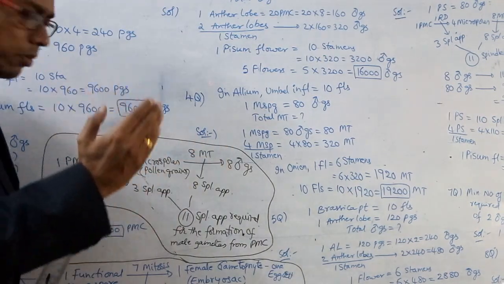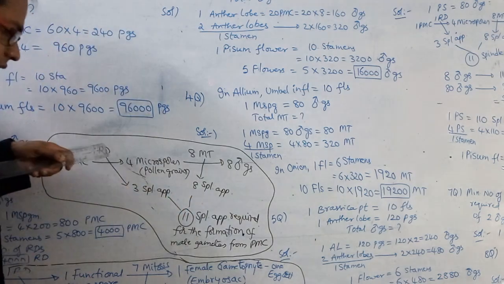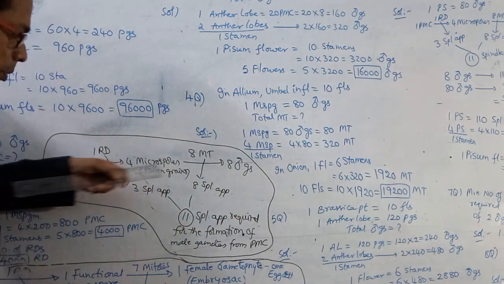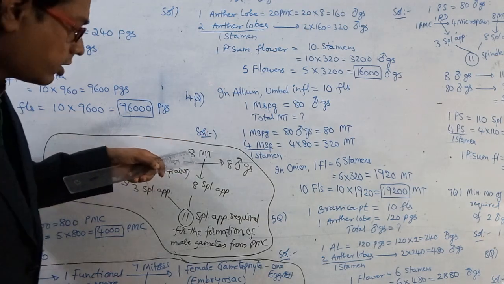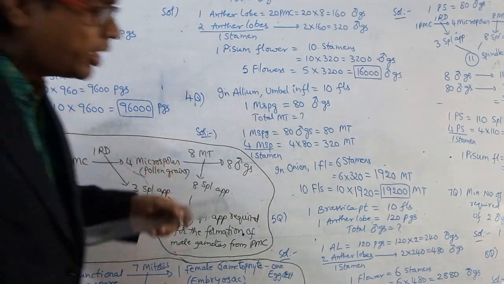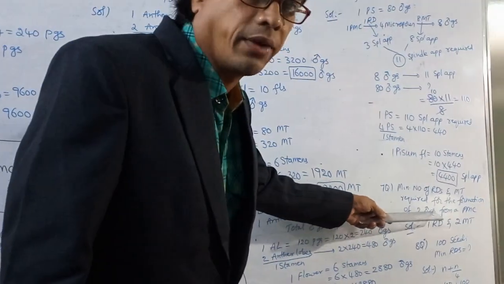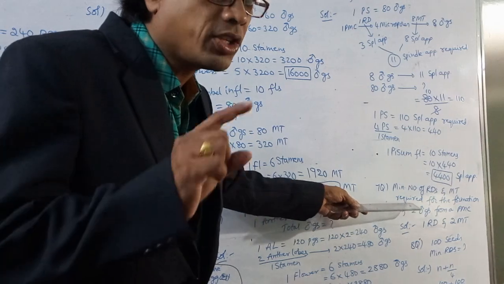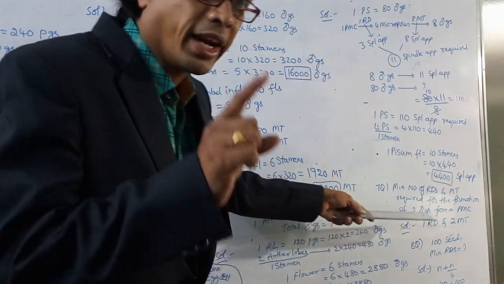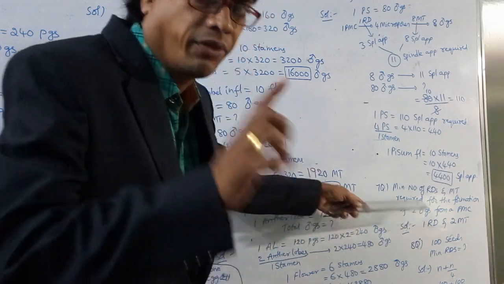It may be 1 male gamete or 2 male gametes or 3 up to 8. How many reduction divisions are required? 1. How many mitosis are required? 8. So number of male gametes is equal to number of mitosis. Here in this question, how many male gametes are given? 2 male gametes are given. So how many mitosis are required? 2. How many reduction divisions required? 1. RD means reduction division.